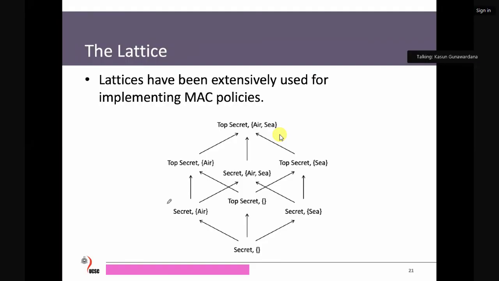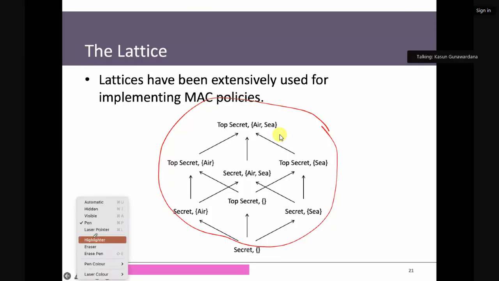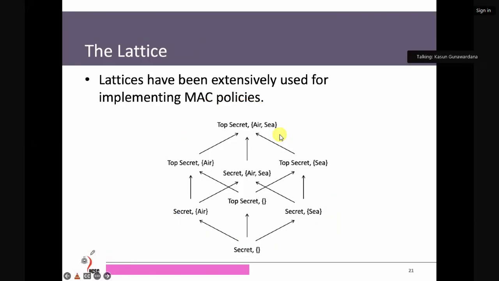So, lattice structure. This sort of structure, or this sort of graph, is called a lattice structure, right? So you see here is a lattice structure. These lattice structures have been used for implementing, or maybe visualizing and understanding, mandatory access control policies.